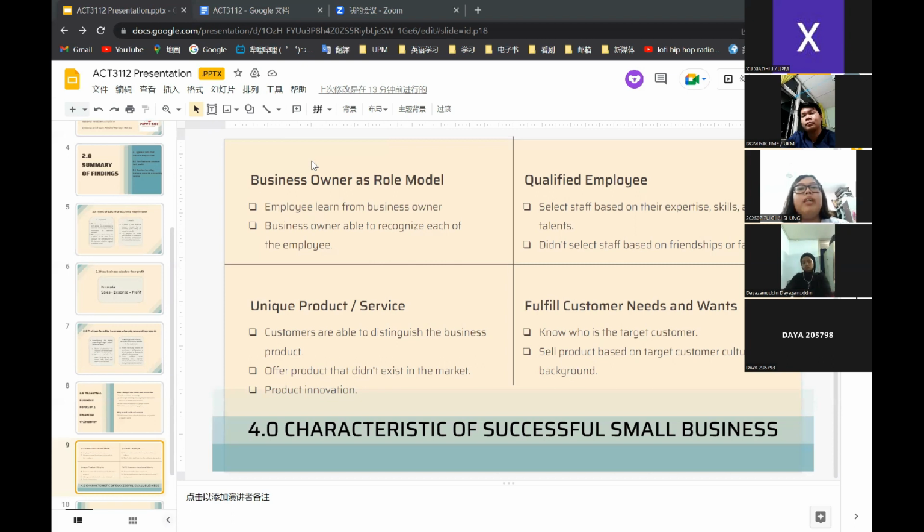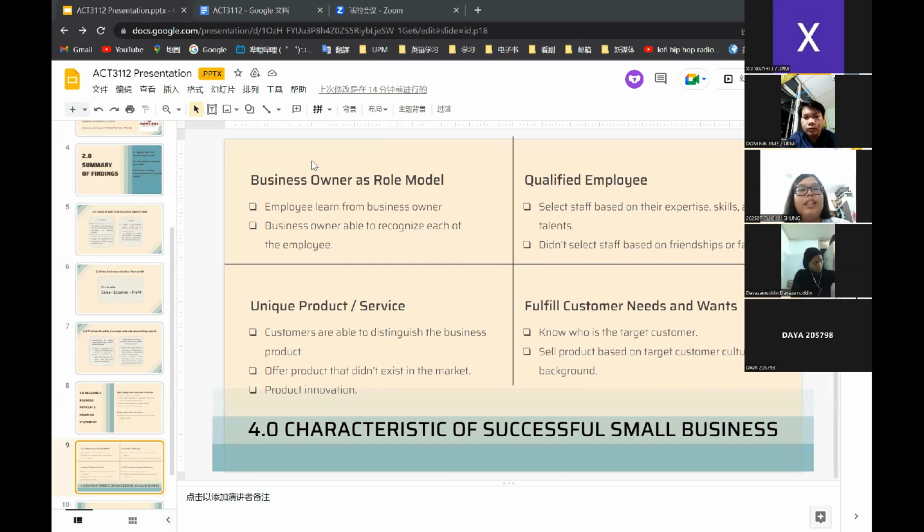Besides, a successful small business should offer a good or service that is special and unique compared to other competitors, so that customers are able to differentiate the product. In our assignment, we chose a restaurant to interview, and we found that there are many restaurants in a certain area.